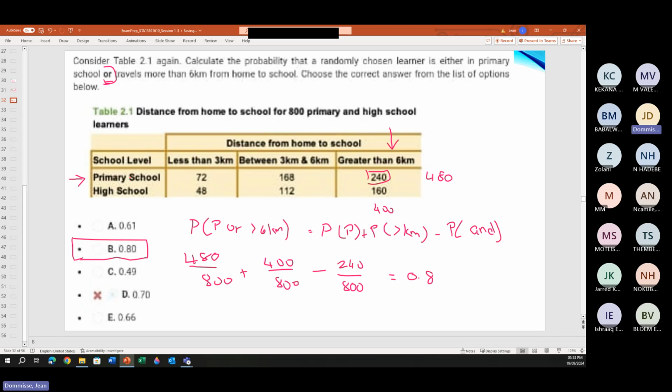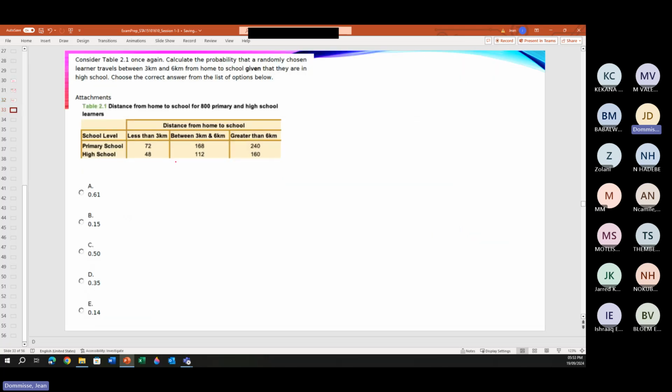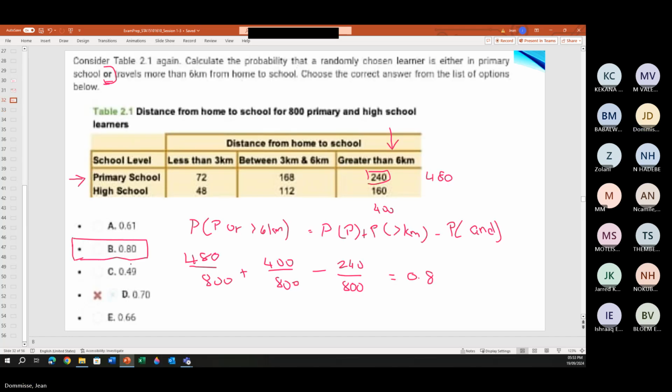Okay, so then they have given us exactly the same information, but now they just ask us something different. And you will see the numbers have changed slightly.